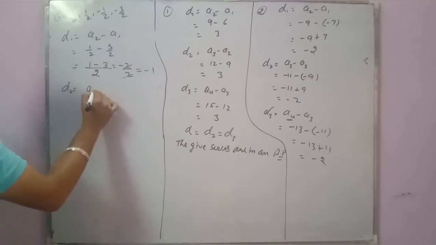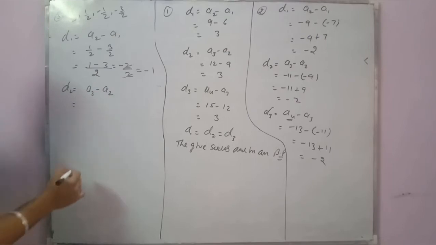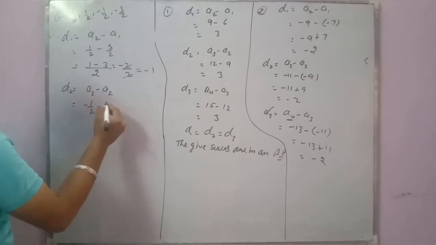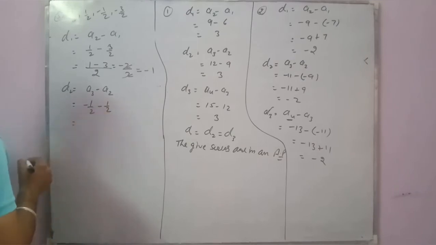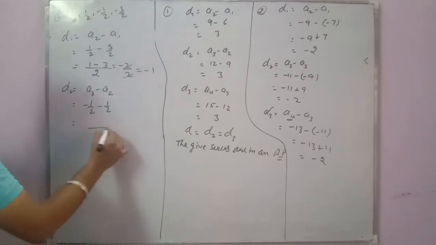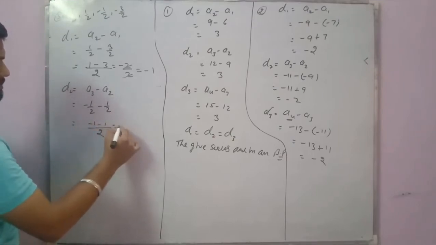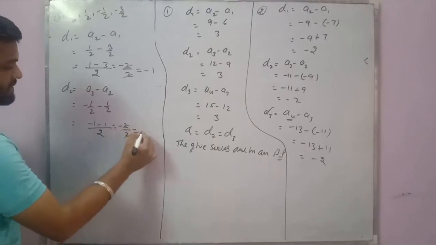D2, the formula, A3 minus A2. What is A3? Minus 1 by 2 minus 1 by 2. LCM is 2, minus 1 minus 1, minus 2 upon 2, that is minus 1.